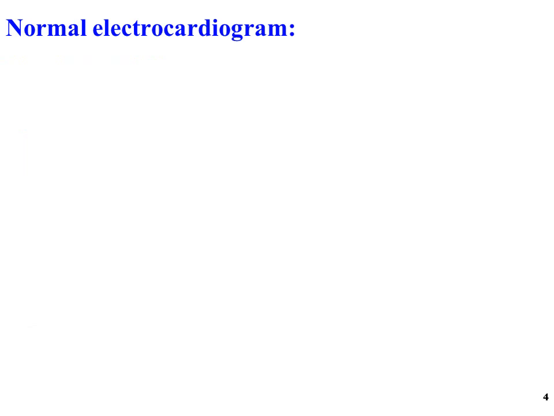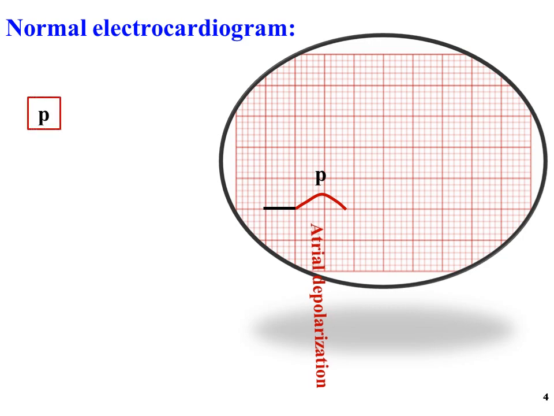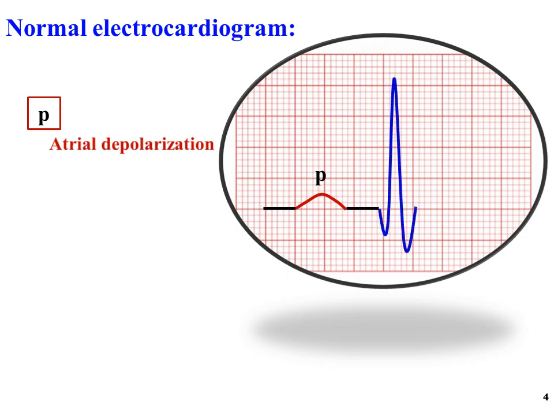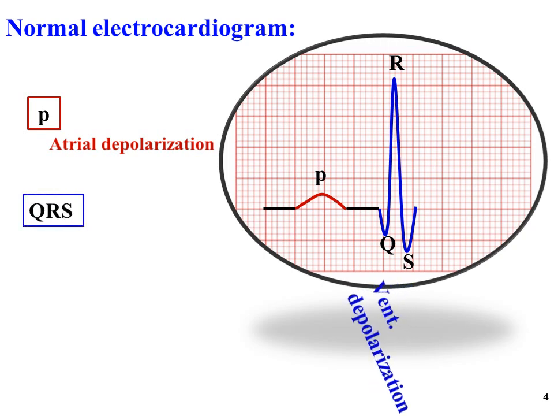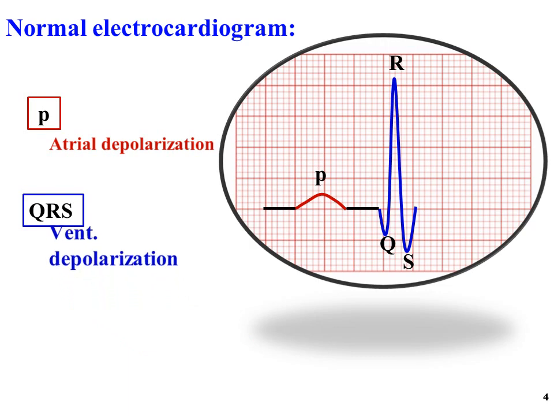Let's come to the normal electrocardiogram. The first wave in the normal electrocardiogram is positive and we call it the P wave. The P wave represents atrial depolarization. The second wave or group of waves is called QRS. The QRS complex represents ventricular depolarization.